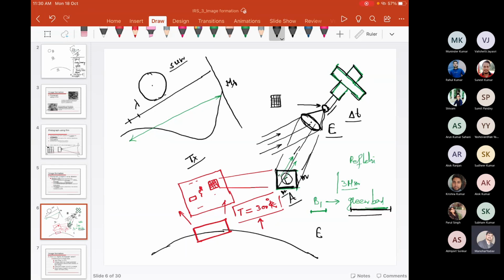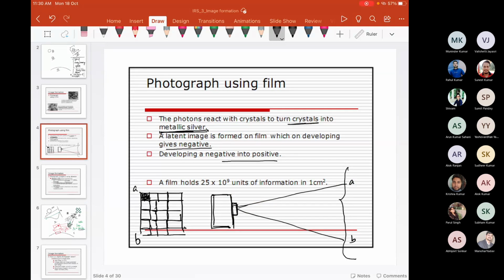Just like we discussed, in the case of analog photography, the energy falls over the photographic film. If we consider one picture element of this photographic film, it is made up of silver halide crystal.